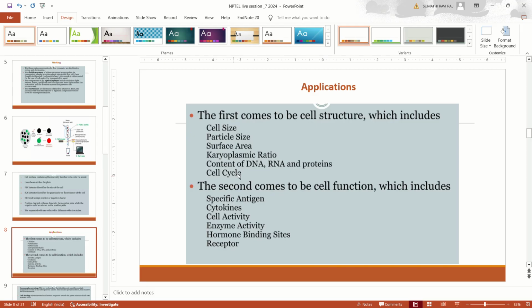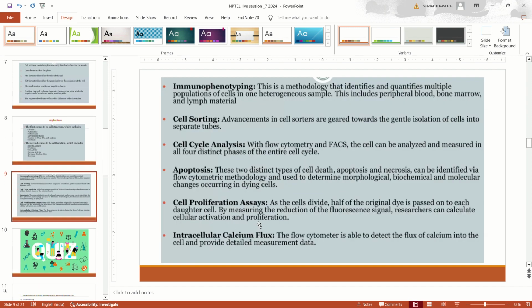The second is cell function. This is based on the physical properties of the cell. Based on the functioning of the cell, you can use specific antigens, cytokines, and detect different cell activity, enzyme activity, hormone binding sites, receptor sites, etc. Then immunophenotyping. This is a method that identifies and quantifies multiple populations of cells in one heterogeneous sample.